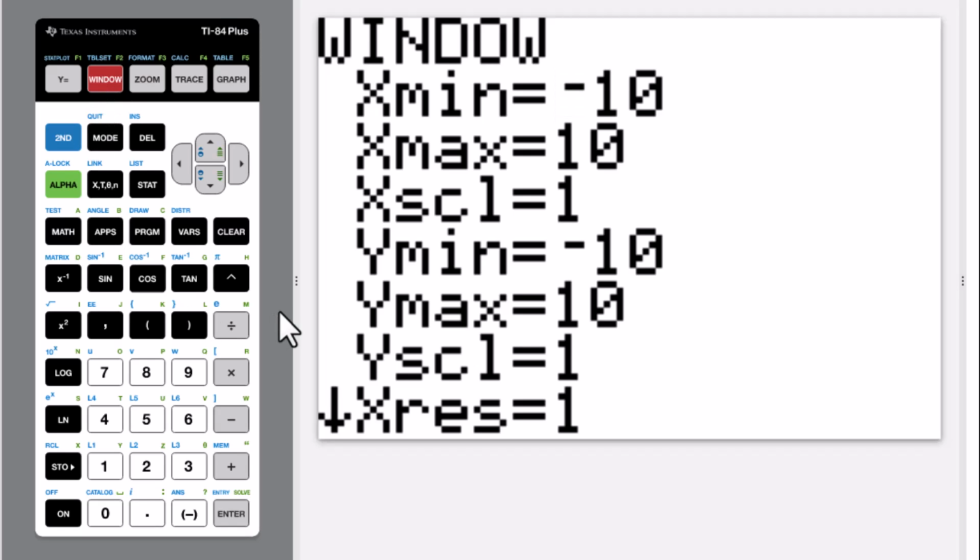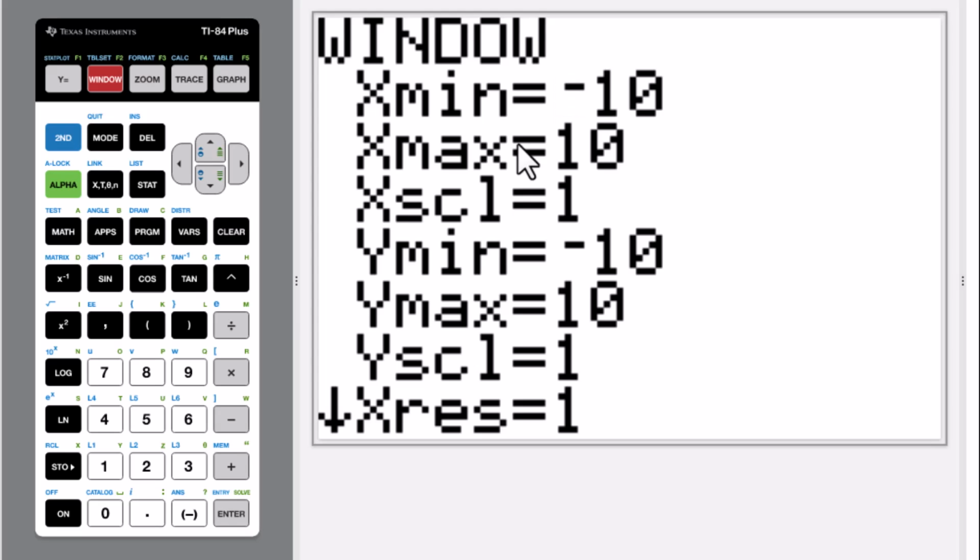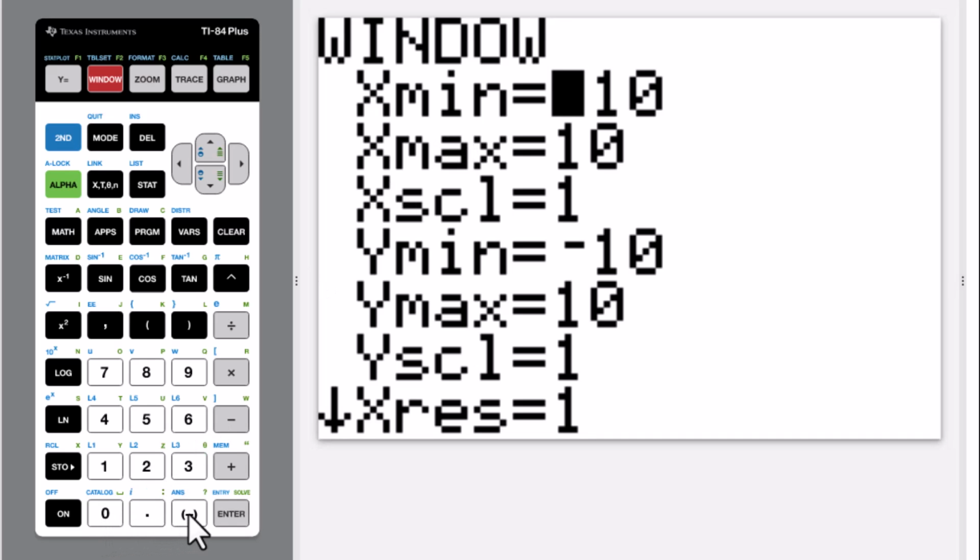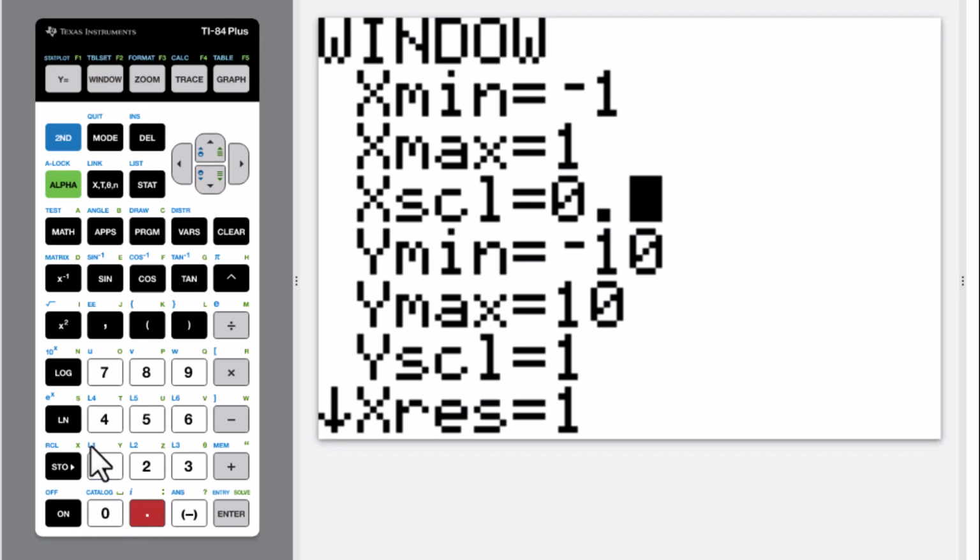Let's change window. For the window, since we only look for x-intercept, and also we know the value is really small, the x minimum, let's do negative 1. Maximum is 1. For scale, we can do 0.1. Then y minimum, let's do negative 1.